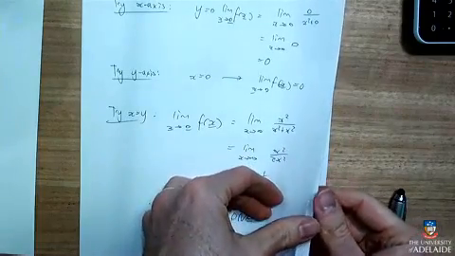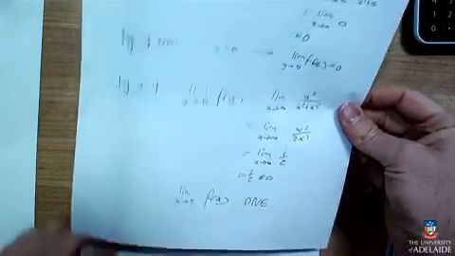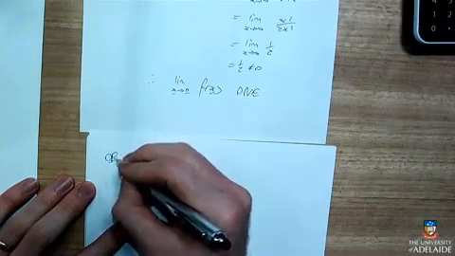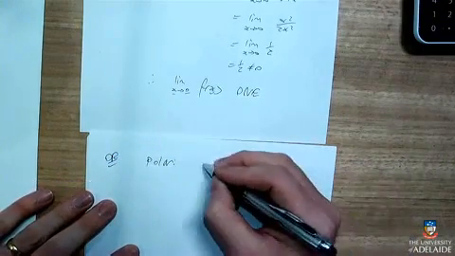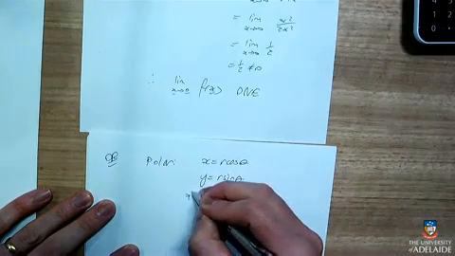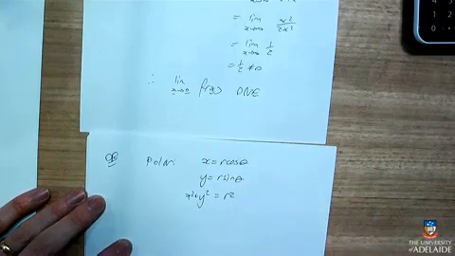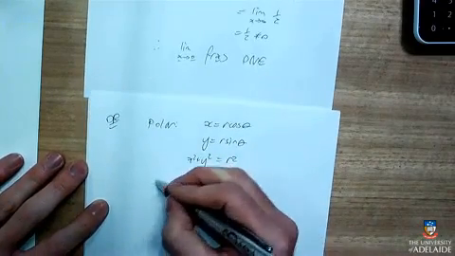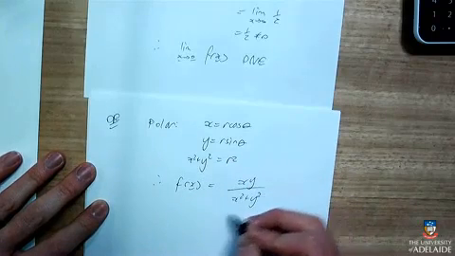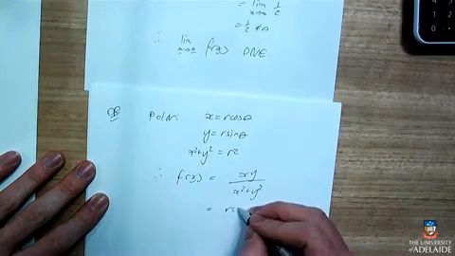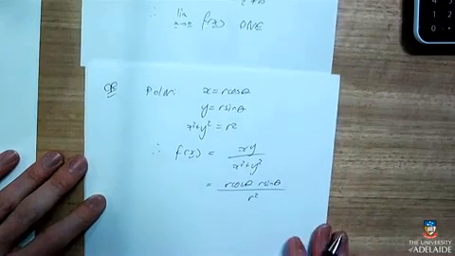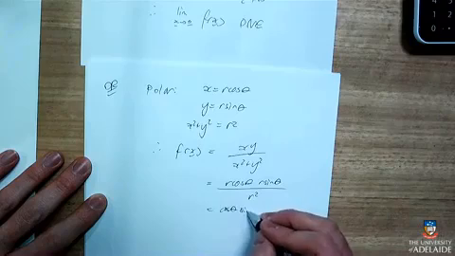Okay. So, let me try polar on that and see what happened, okay? X is r cos theta, y is r sine theta, x squared plus y squared is r squared. And so therefore f of x, which was xy over x squared plus y squared, is now r cos theta, r sine theta over r squared, which is cos theta sine theta.